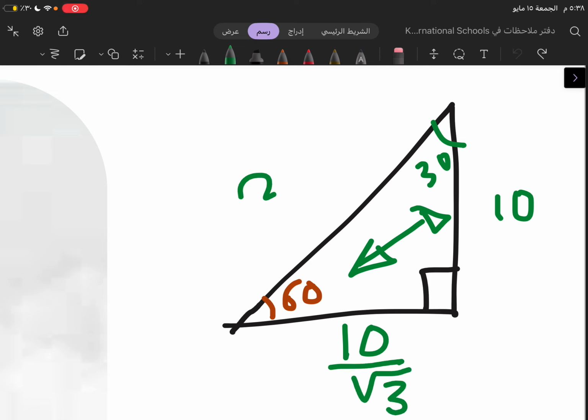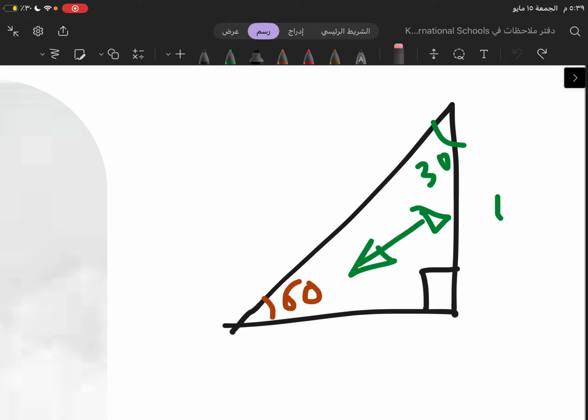And then the longest will be the smallest multiplied by 2, so 20 over radical 3. Are we good? I hope so. Now this is all about 30 60 90. So the point here is, you have to know what is the given and go find the smallest, and you know the rest.